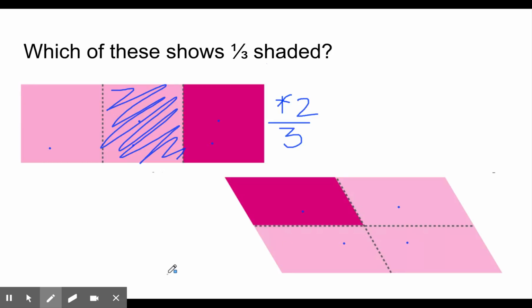Let's take a look at the rhombus. How many are shaded in the rhombus? 1. How many parts are there altogether? 1, 2, 3, 4. So this fraction would be 1/4.